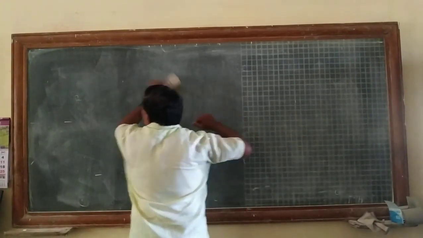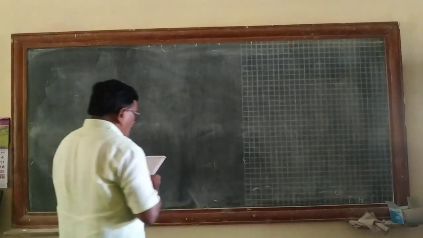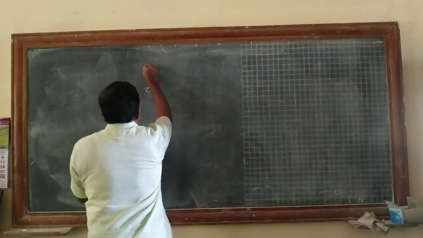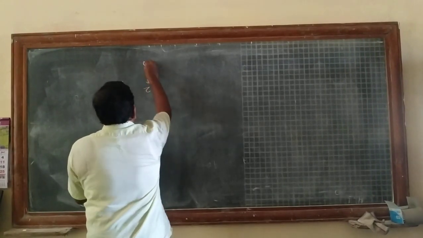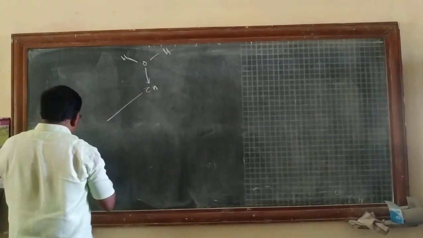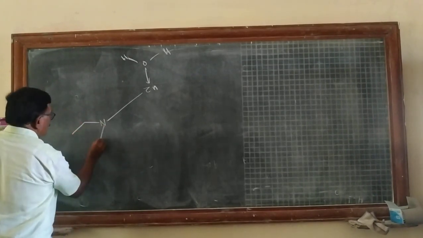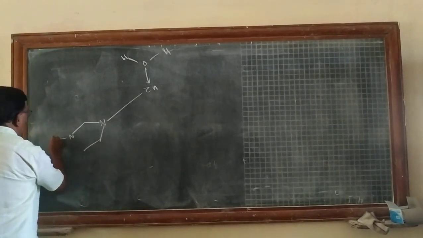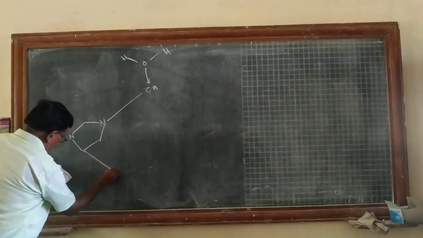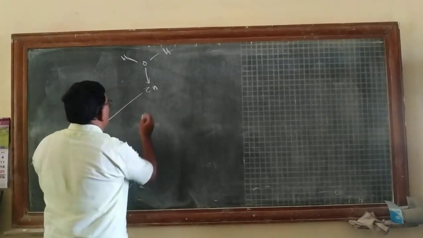So this structure of the carboxypeptidase will be like this: a zinc ion will have O and this is H and this is H. It will have a nitrogen atom, this is N and this is H. CH2, this is one group.